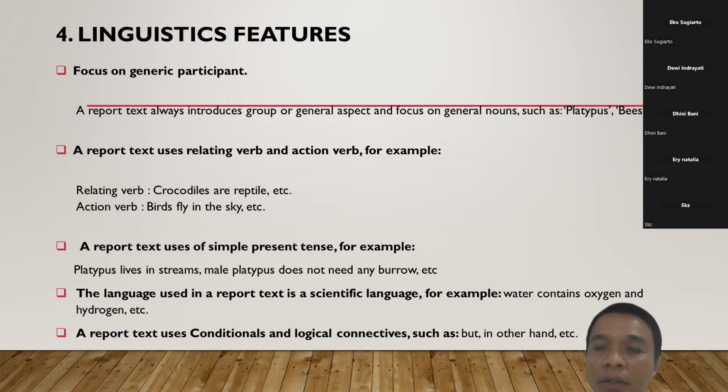Lives represents the use of the simple present verb, and then does not need, although it is a kind of negative verb, belongs to the simple present verb. So a report text must use the simple present tense verb.